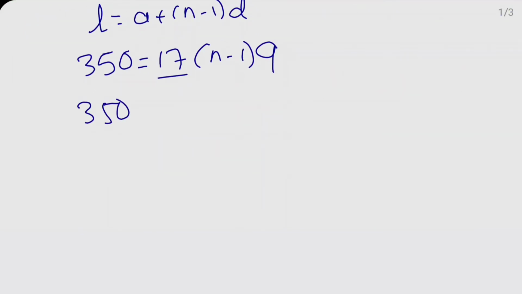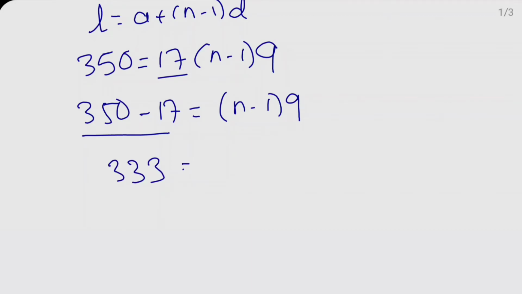So now 350, and this 17 comes to this side and becomes minus 17, equals (n minus 1) into 9. So 350 minus 17 becomes 333, and this equals (n minus 1) into 9. Here 9 ones are 9, 9 37s are 333.